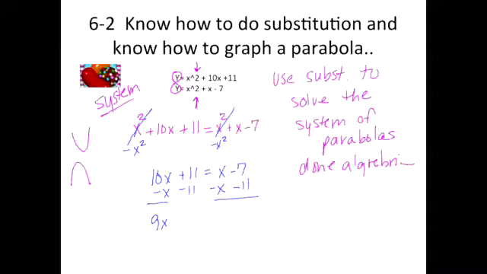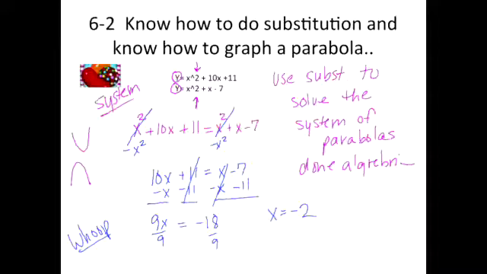I hope you guys are okay if I do both of those steps at the same time. This cancels out, this cancels out. 7 minus 11 is, finally, we've got a decent number. Finally! We've got a decent number here. I've got x is equal to -2.